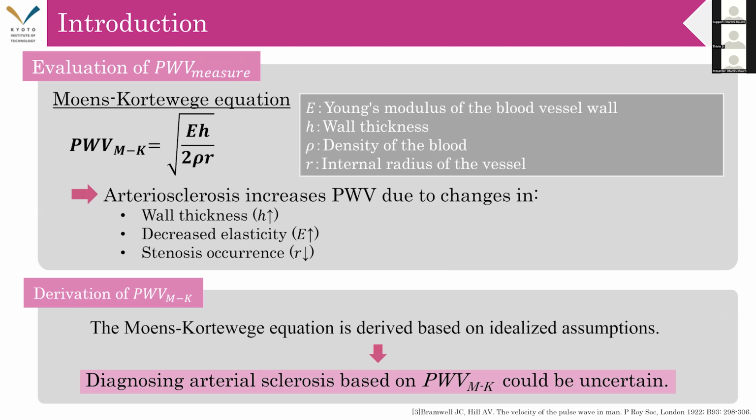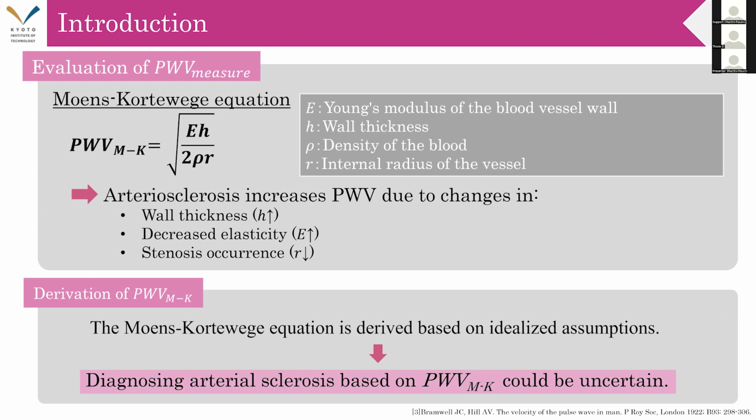Next, I will explain the methods for evaluating the measured PWV. The evaluation of the measured PWV as a diagnostic indicator for vascular disease is based on the Moens-Korteweg equation. The Moens-Korteweg equation is expressed by the following formula. This equation suggests that changes in the physical properties of the vessel wall due to atherosclerosis increase PWV.